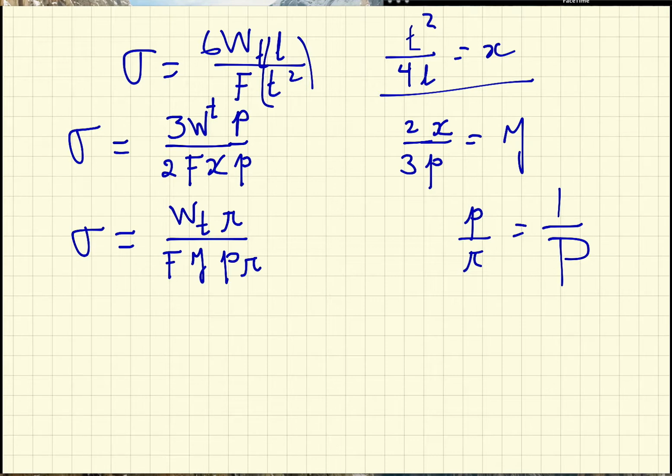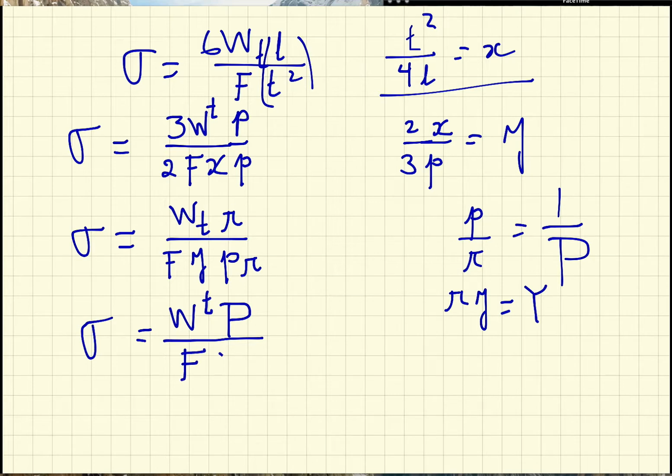Then we redefine y times pi as capital Y, and we have finally this important relationship that sigma is the tangential component of the force times the diametral pitch divided by the face width times this factor Y, and this factor Y is called the Lewis factor.